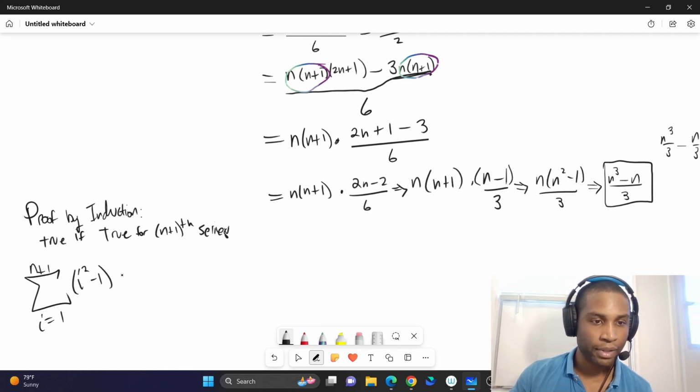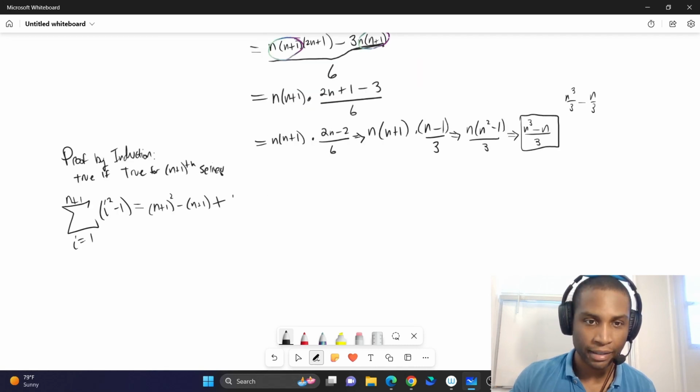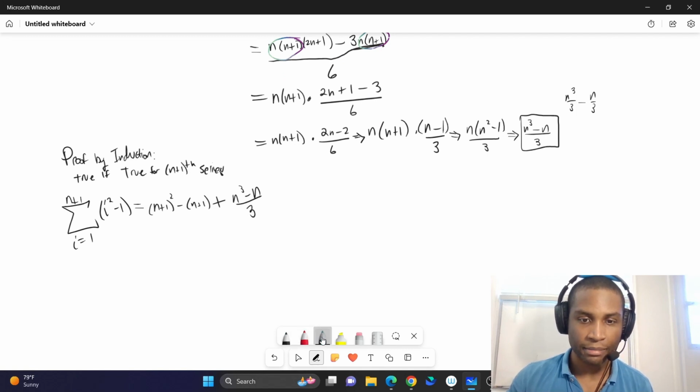If it's true, then this should also equal the n plus 1th term. So n plus 1 squared minus n plus 1, plus, because this is a sum, plus this polynomial that we figured out in the previous step, n cubed minus n over 3. And that comes from this over here.